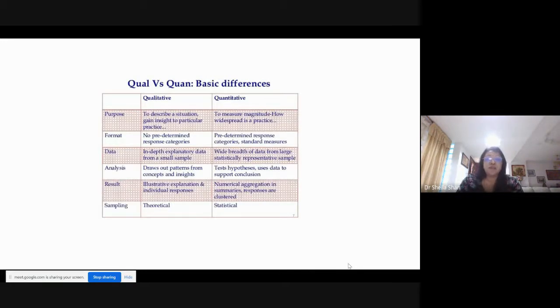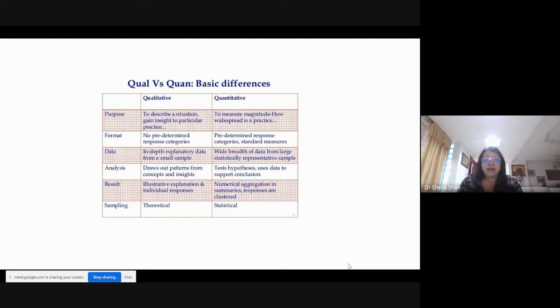So what are the basic differences between quali and quanti? Quali, you try to describe the situation. No predetermined responses. That means you are going with a clear mind, an open mind. You are getting the input through your data.